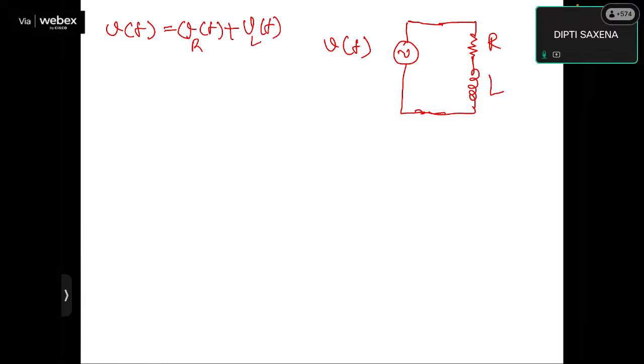That is, this voltage will appear across the resistive part and the inductive part.